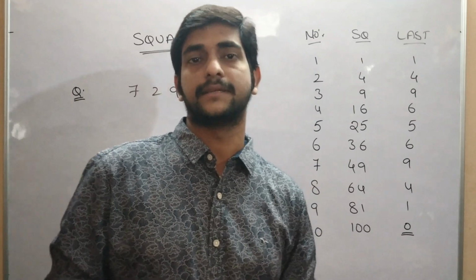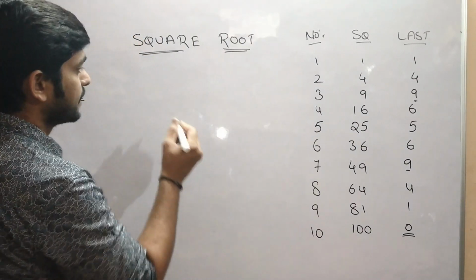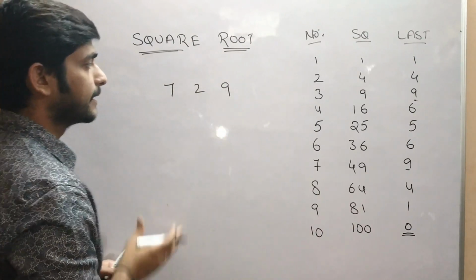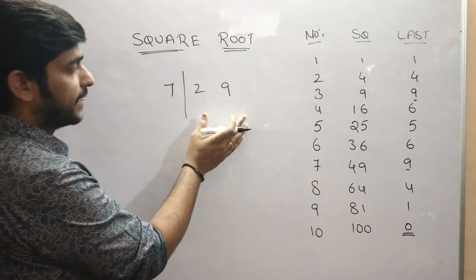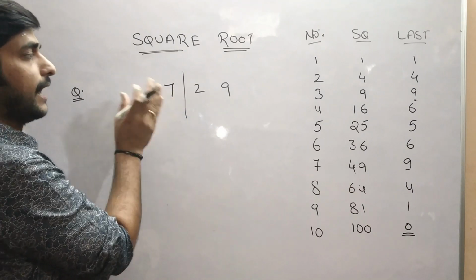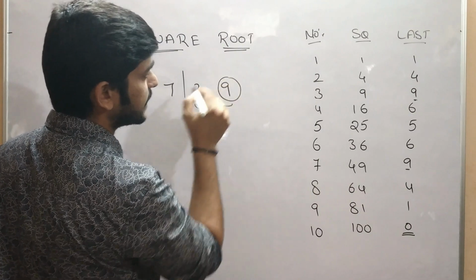Let's solve the first question. First, consider the number 729. Now we are going to find the square root of 729. The first step is to divide the number into two parts. The first part is the last two digits of the number, and the second part is the rest.